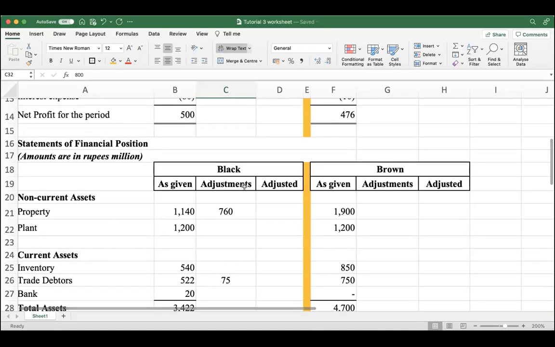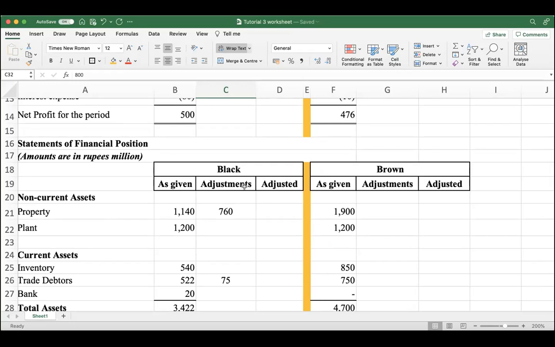Now after the adjustment, both companies have the same accounting policy. Earlier, Black was following the cost model, Brown is following the revaluation model. Now you see accounting policies were different. So with that, you can't compare two companies.